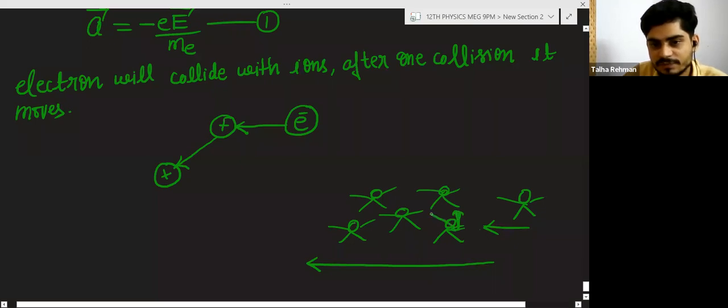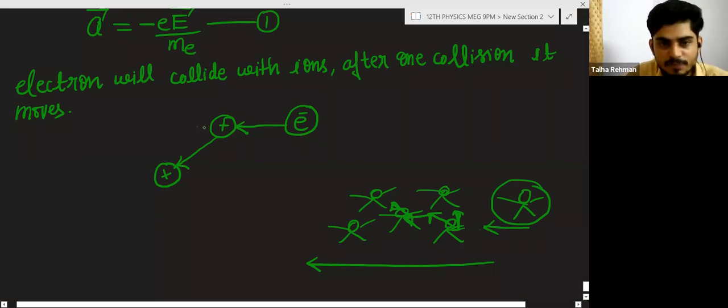Then again you are running, and you collide with this person, and your direction changes again. Same is the case with the electron. Suppose you are the electron and you are moving. The electron will collide with the ion, and after one collision it will again try to move in this direction, but after the collision the direction of motion of the electron will change.